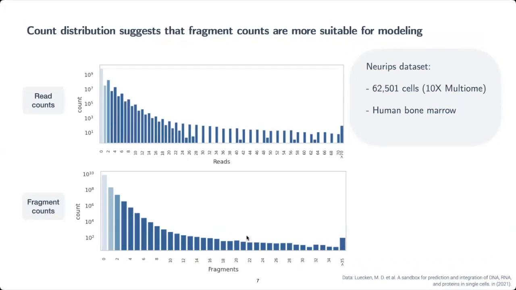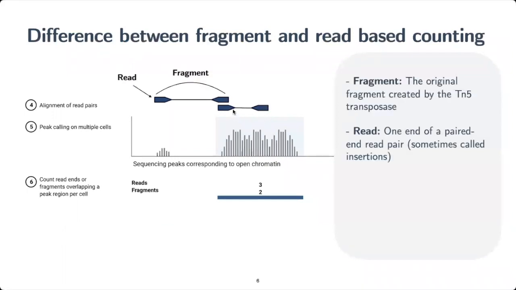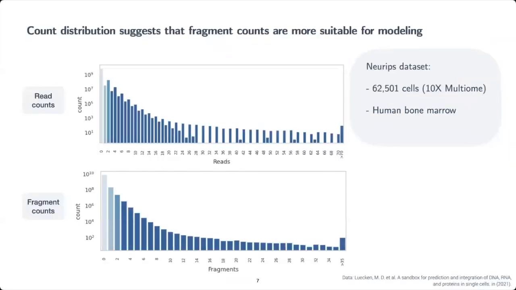This is just an artifact of the counting strategy, because since this is paired-end reads, if you find one read, it's very common that you find the second read also in the same region. So normally you will find even pairs of reads, so you get this weird distribution.